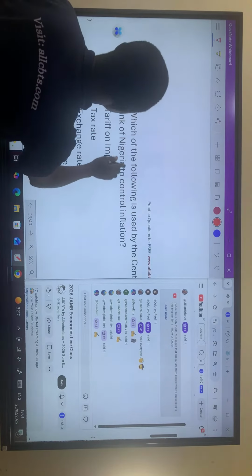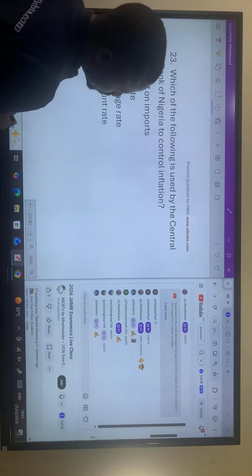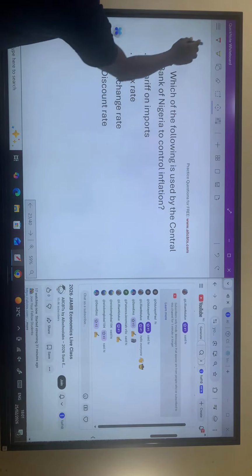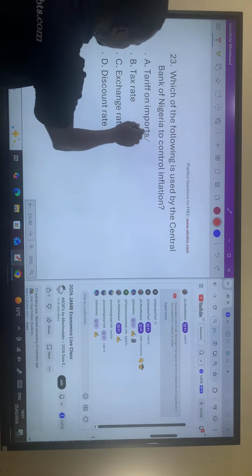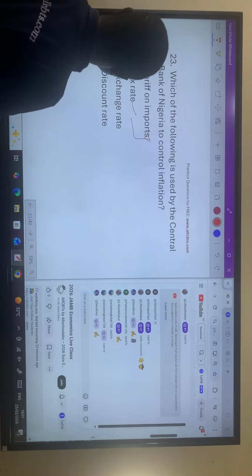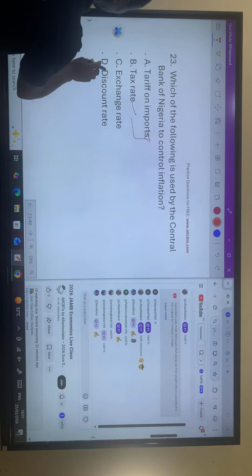The next question. Which of the following is used by the Central Bank of Nigeria to control inflation? Tariff on import, the government uses the tariff. Tax rate, the government uses the tax rate. Exchange rates, also by the government.